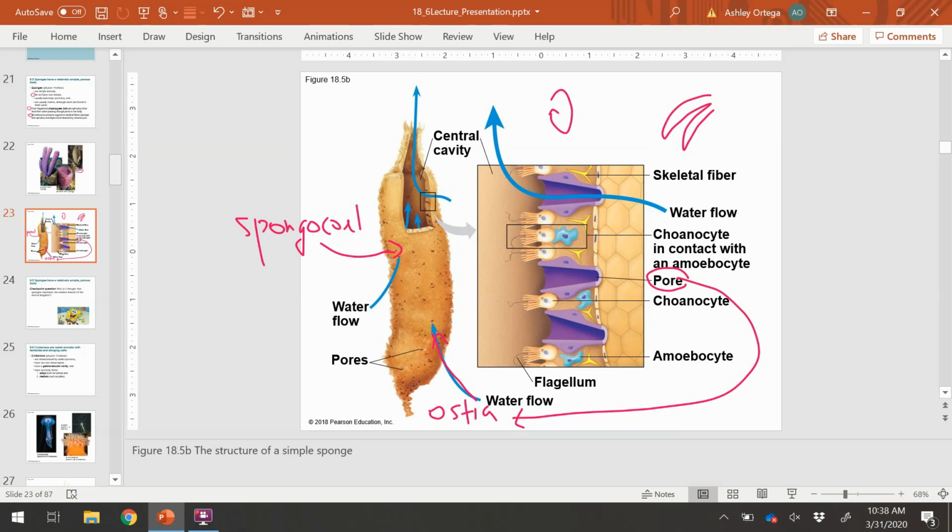Coel coming from cavity. And that's supposed to be an E, I'm sorry. And then the water goes to the center of the spongocoel, and then it will flow outwards. The opening, or the pore that allows it to leave, is called the osculum. All these terms we'll see in lab. That's why I point them out now.